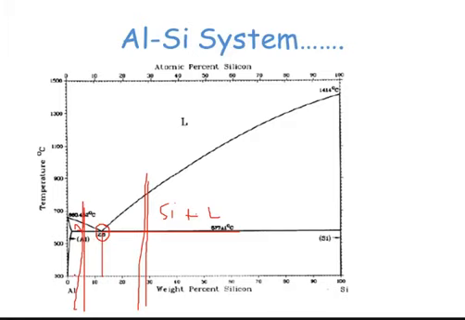As we know there is no alpha and beta, so directly you will get aluminum plus eutectic mixture of aluminum and silicon, and on the other side silicon plus eutectic mixture. We don't have a separate phase, so you will get an aluminum matrix and eutectic of aluminum silicon. Silicon remains as it is, aluminum remains as it is. Let us see the microstructure.